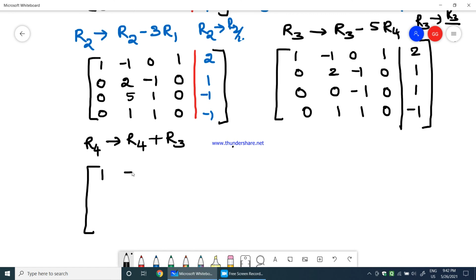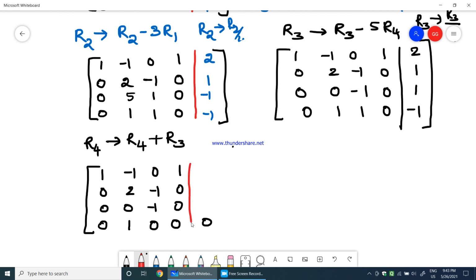This remains 1, minus 1, 0, 1, 0, 2 minus 1, 0, 0 minus 1, 0, and this becomes row 4: 0 plus 0 is 0, 1 plus 0 is 1, 1 minus 1 is 0, 0 plus 0 is again 0, minus 1 plus 1 is 0. So therefore I'll put a bar here. It is 2, 1, 2, 1, 1 and 0, which I've got.